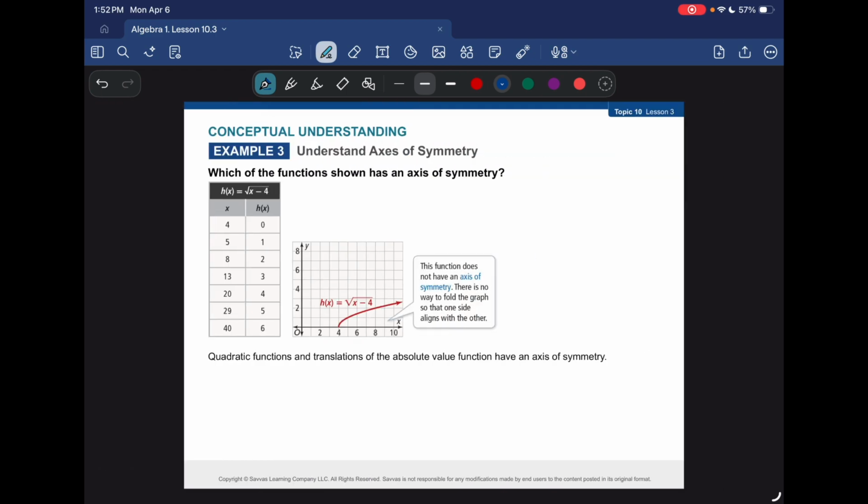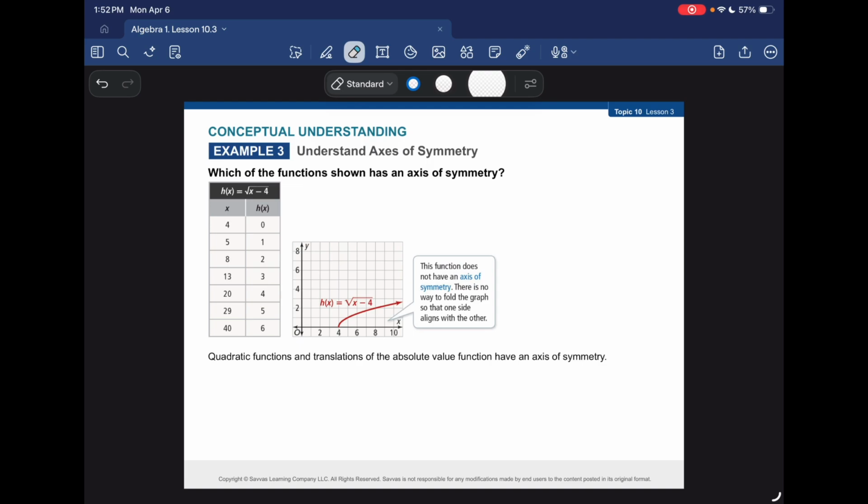Okay, what about the square root function? So we talked in lesson 1 how the square root function does look like a sideways parabola, but it will not fit the definition of a function in that case. So that's why we can't have this bottom part of the sideways parabola. So without that other half, is there a line of symmetry for the square root function?